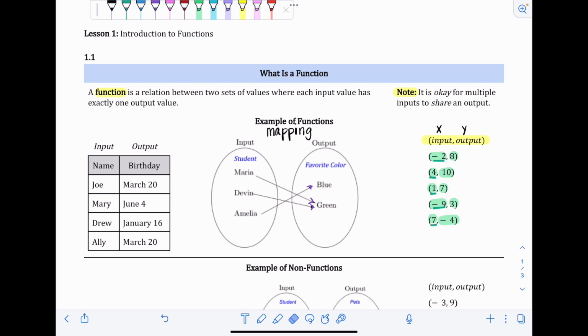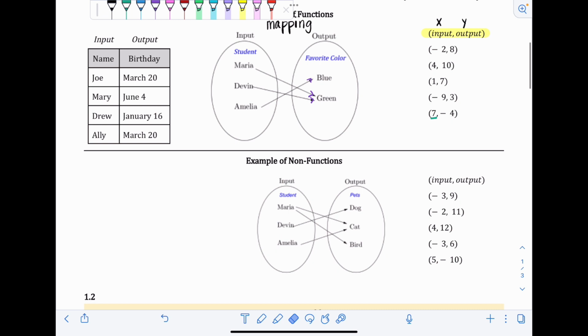Okay, so moving down to some counter examples, because sometimes that helps it make even more sense. So these are non-functions down here. I'm going to look at the mapping in the middle, this one right here. This is an example that has the student as the input, and then the output is what pets they have.